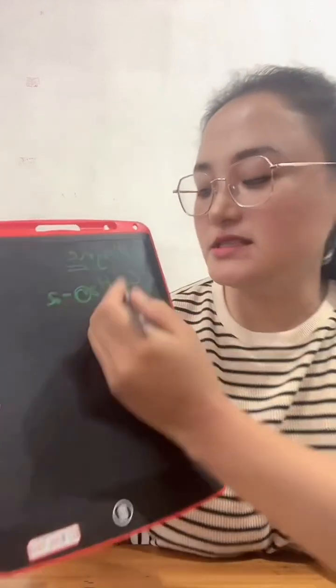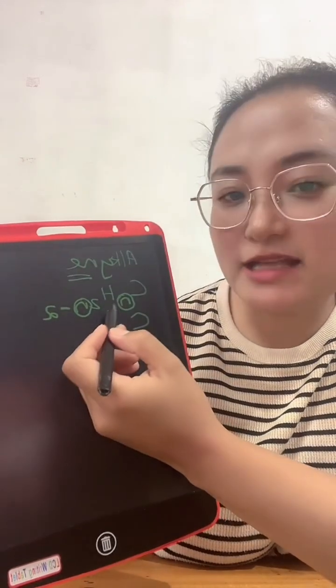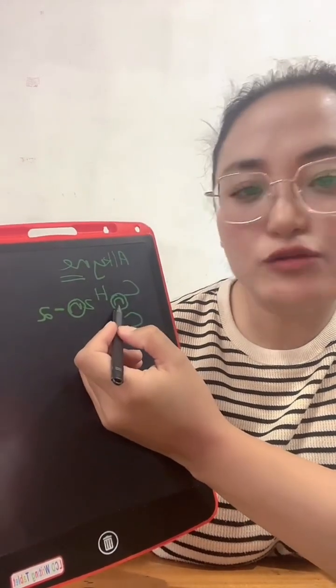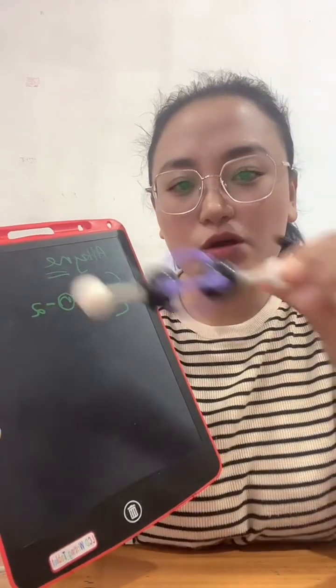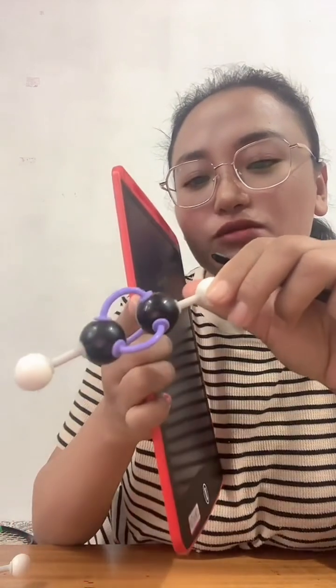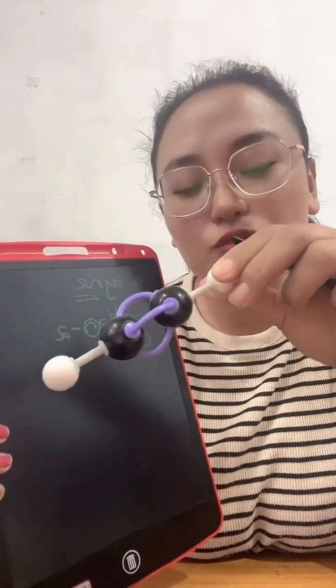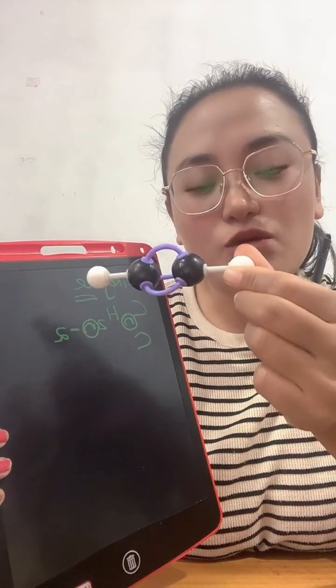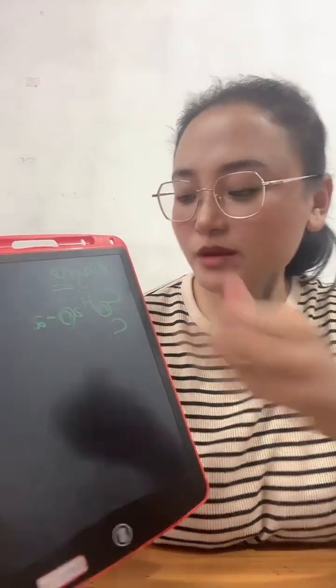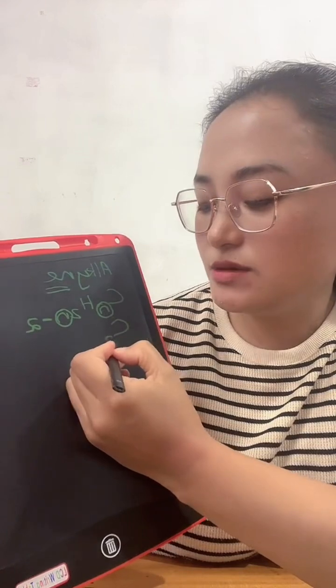Right? Now let's see. Number of carbon, again just like alkene, the value of n cannot be 1, because they have to form a triple bond with another carbon. So again alkyne starts from carbon number 2. Okay, so C2.